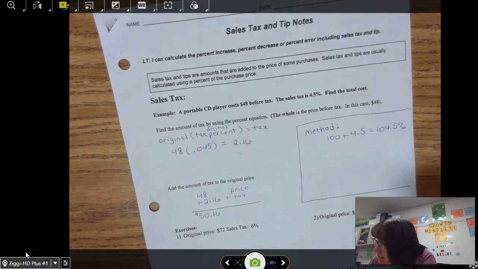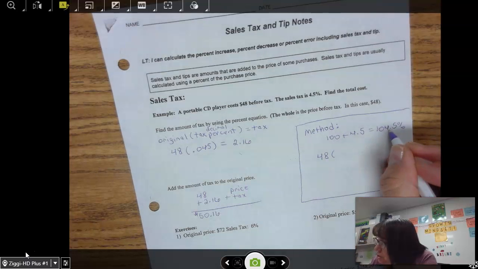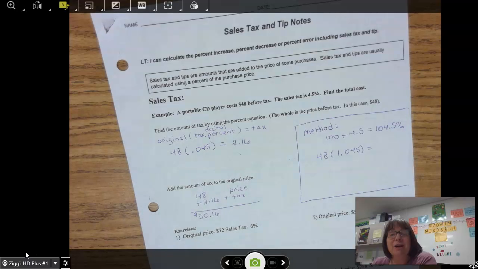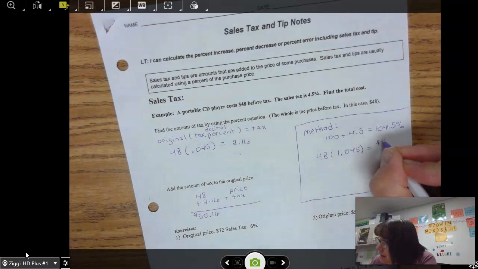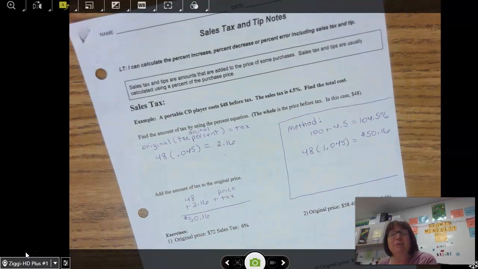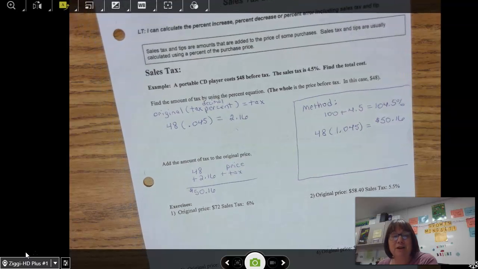So now I can take my price, which was $48, and multiply, change it into a decimal, 1.045. And when you do that, you're going to see you get the exact same answer, $50.16. Now, while we're dealing with money, we will always be rounding to the nearest cent. So the nearest hundredth on these.